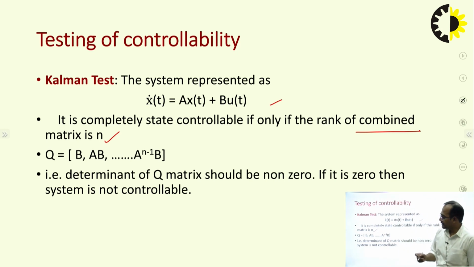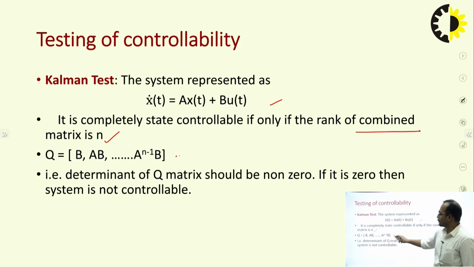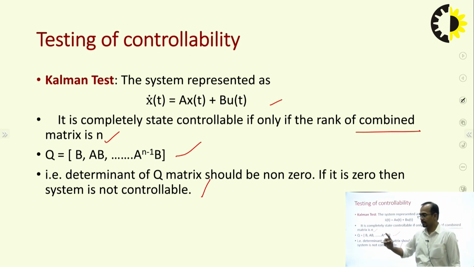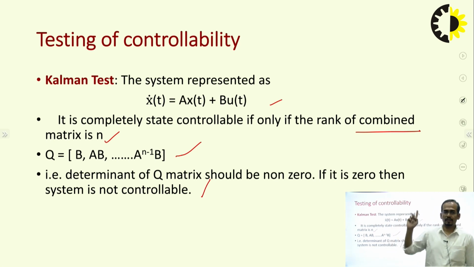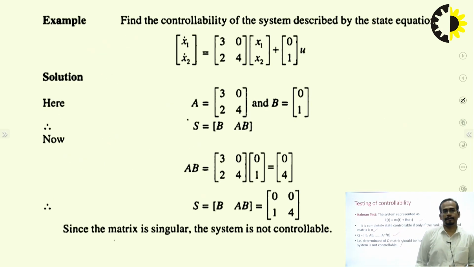The condition is: the combined matrix Q is equal to [B AB up to A power n minus 1 B]. So the determinant of the Q matrix should be non-zero. If it is 0, then the system is not controllable. We have to check the rank of the combined matrix, and it should be equal to n.